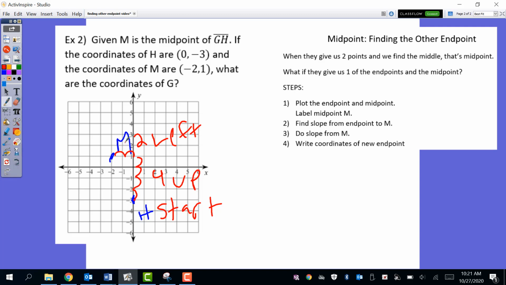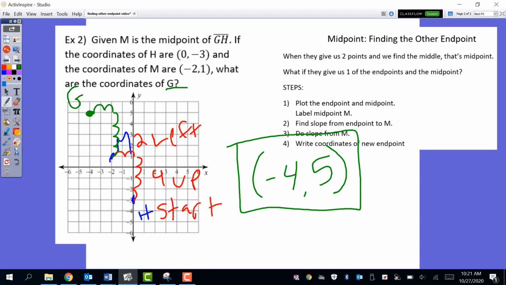Okay, so now I'm going to do the same thing from M. I'm going to count the same pattern again. 1, 2, 3, 4 up. 1, 2 to the left. That's where my point is. What letter is it? G. And what are the coordinates up there? They are -4, 5. So this is my answer.